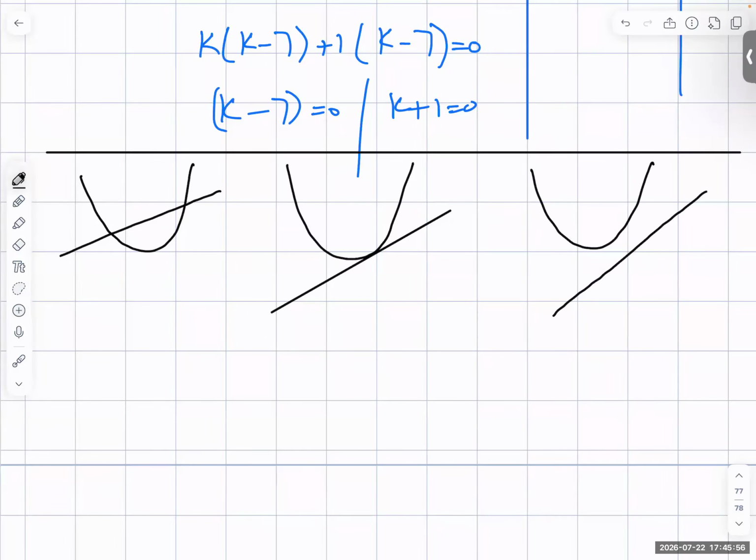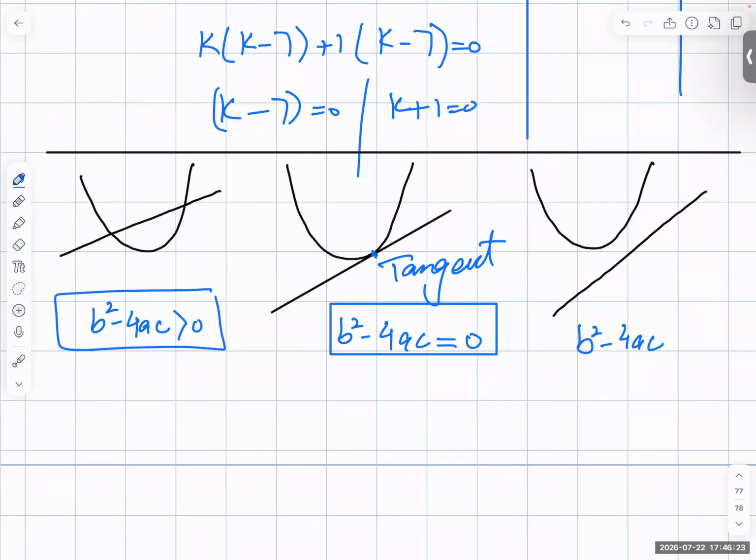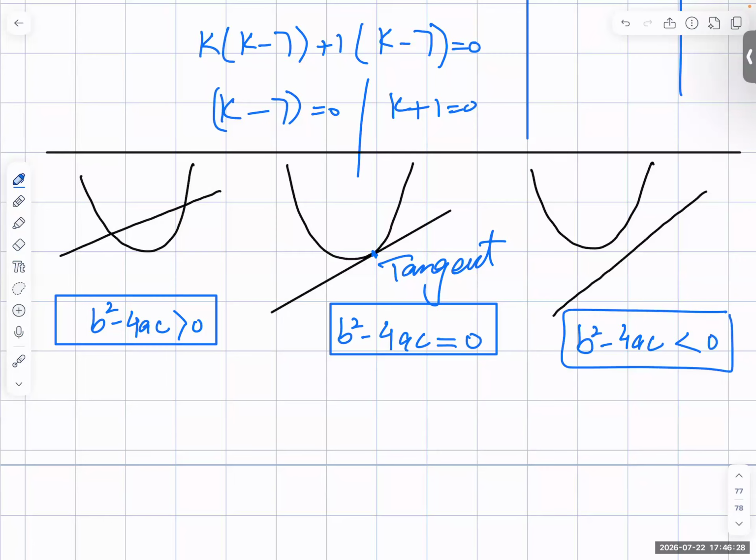And in terms of discriminant, Ahmed, could you explain what would happen in first case, second case, and third case with discriminant? For tangent, what should it be? For tangent, it's equal to 0. Good. Two intersections is greater than 0, and no intersection is less than 0. Yeah, that's good.